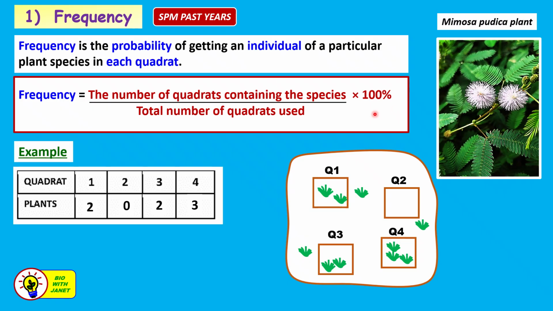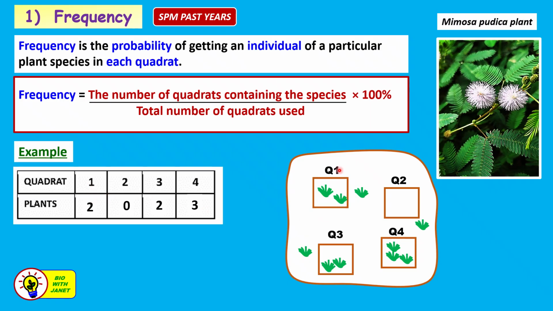Now, let's look at this example here. Here there are 4 quadrats used, and quadrat 1 contained 2 of the plants of a particular species. Quadrat 2, none. Quadrat 3, there are 2 plants, and quadrat 4, there are 3 plants. So in the exam, you can be given a picture like this, okay, with the quadrat already placed in the school field, and then you can be asked to determine how many plants there are in each quadrat.